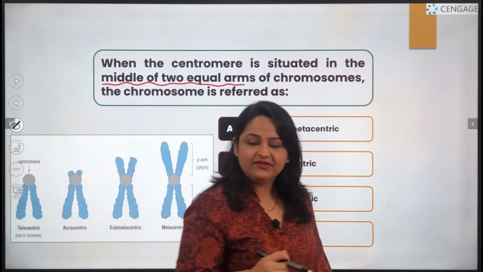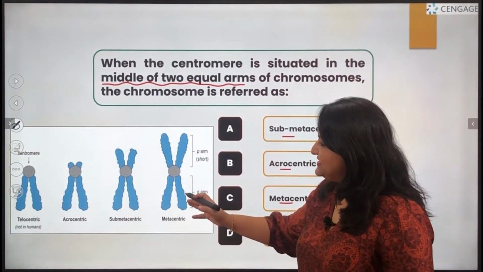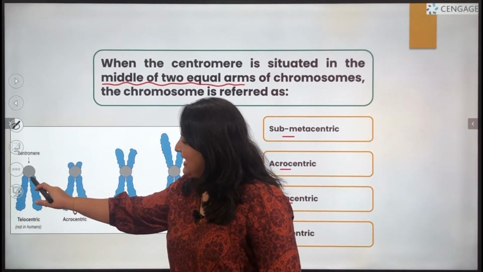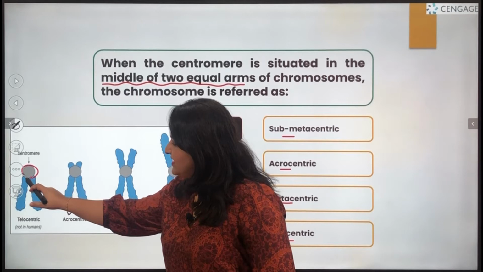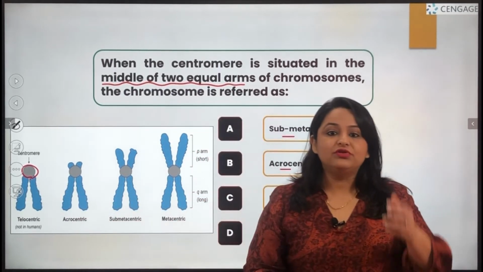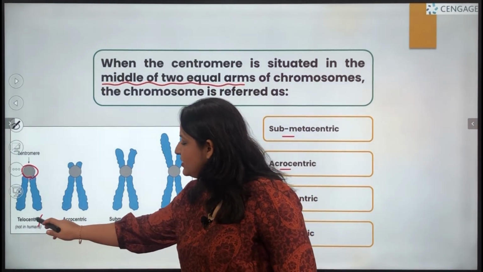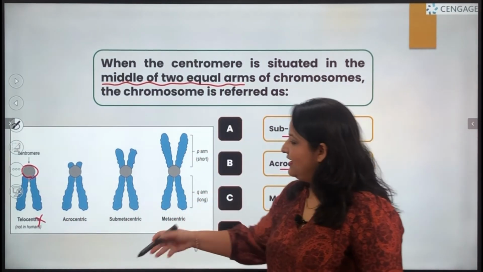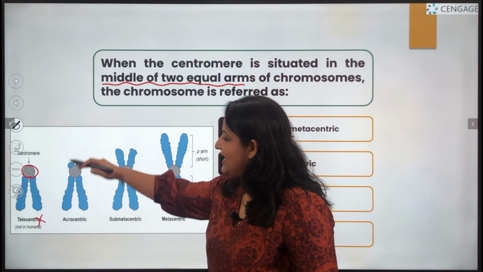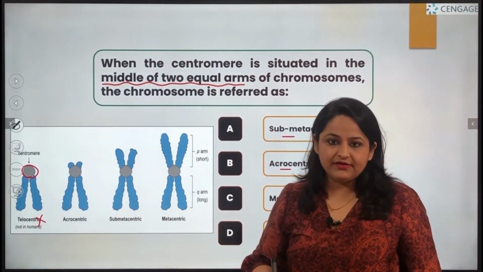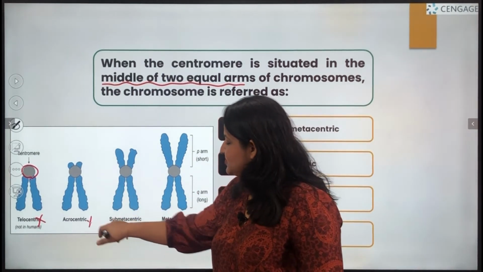So we can have a look at this particular figure. Here you can see that a telocentric chromosome is that in which the centromere is present at the tip of both the chromatids. So obviously this is not in the middle. Telocentric will not be the option. Then acrocentric is present just slightly below the tip of the chromatids. So this is also not the option.